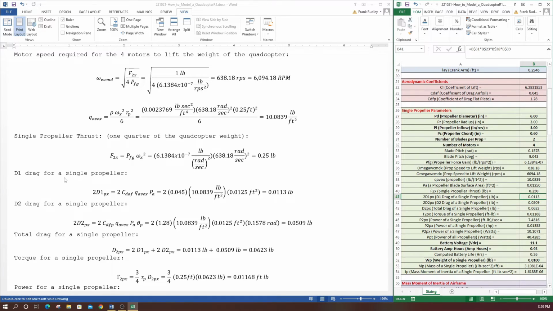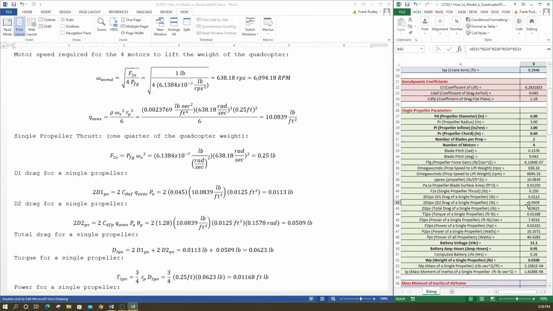And then the D2 drag, that's more like the induced drag. D1 is like profile drag. So it's equal to 2 times the coefficient of drag of a flat plate times the dynamic pressure times the surface area of the propeller times the pitch angle of the propeller. The pitch angle's fixed on this propeller. So if we go through the equations, we get 0.0509 pounds.